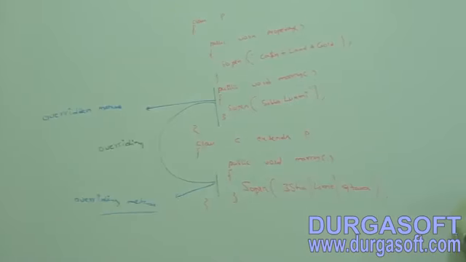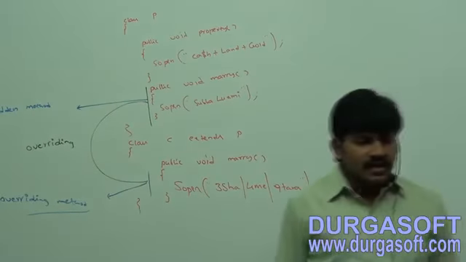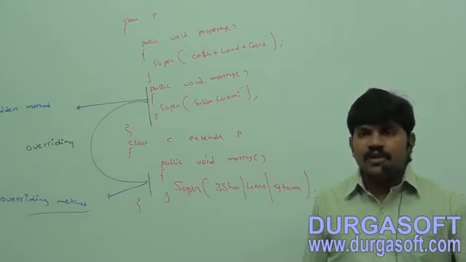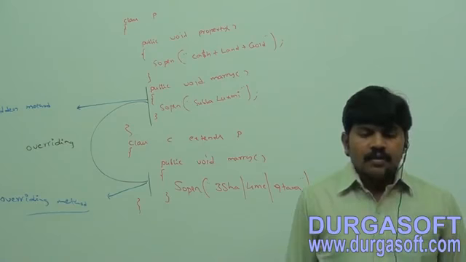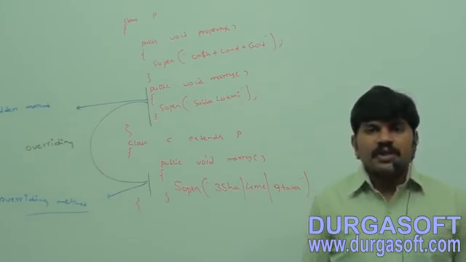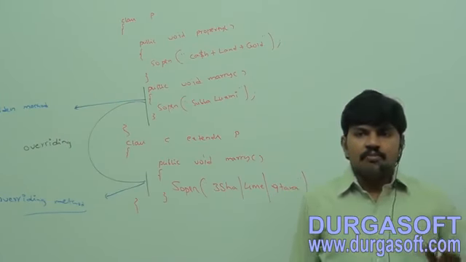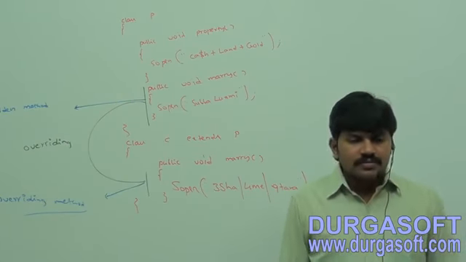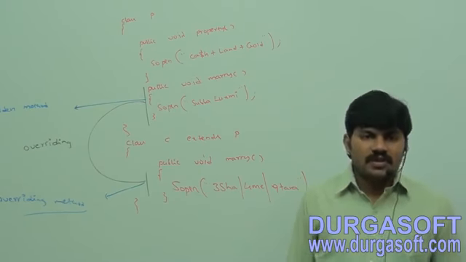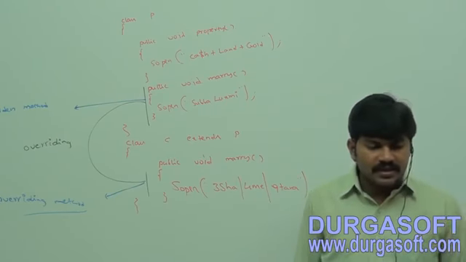Keep noting: overriding. Whatever methods a parent has are by default available to the child through inheritance.